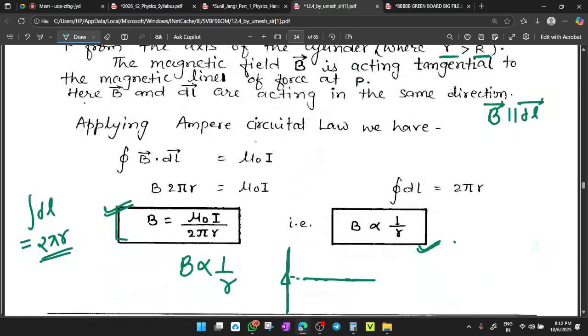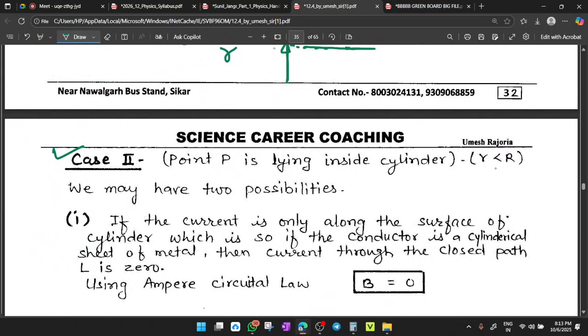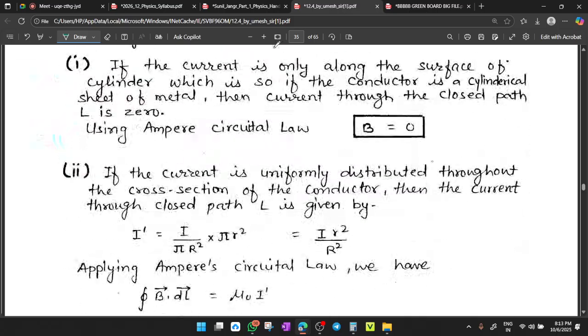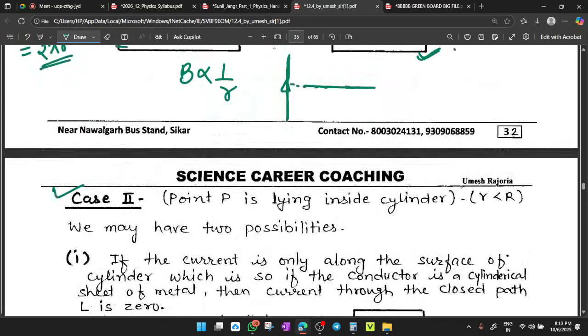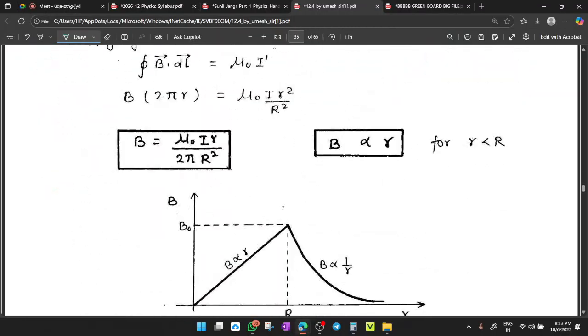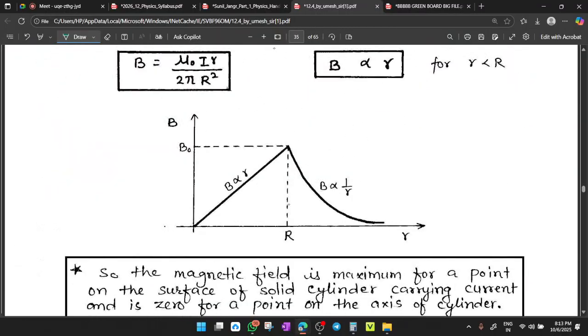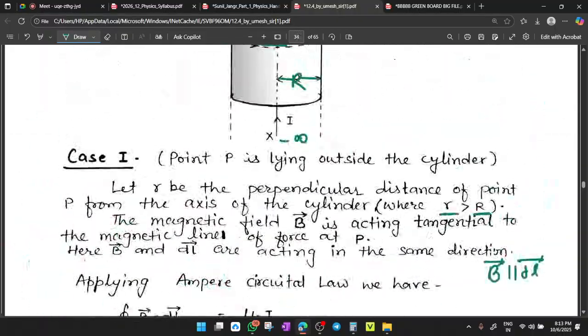Second case, when small r is less than R, point P is lying inside the cylinder.